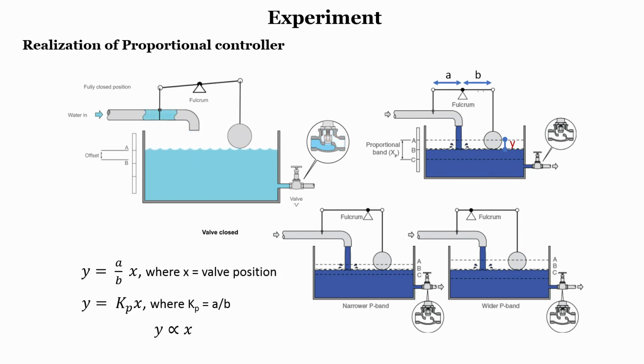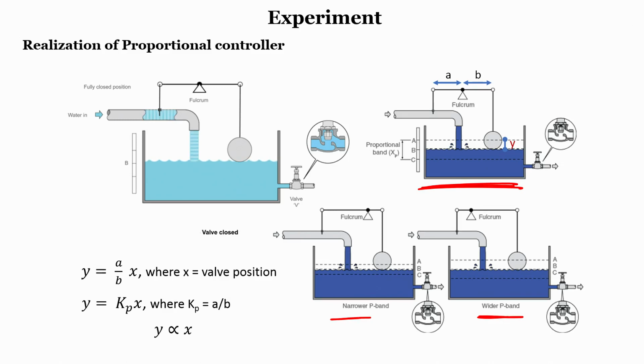In the same way, in this case you understand this is A. Let us keep it in the equation. If we keep it in the equation, you can see here also a very simple thing: narrow P band, wider P band, right. It is very easy to understand. And then you have here a proportional band which is all the way A, B, C, right. So, you have 3 things here.